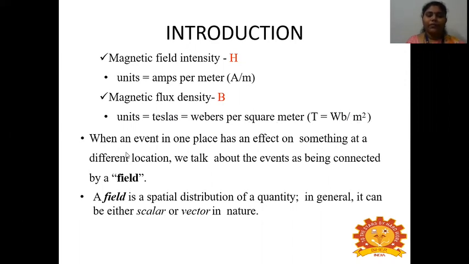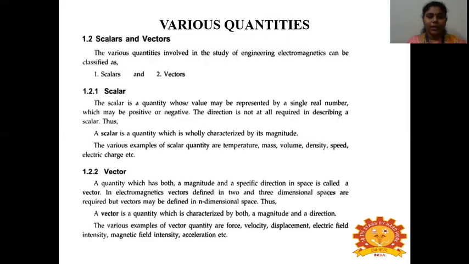So when an event in one place has an effect on something at different locations, then we call it a field. A field is a spatial distribution of a quantity, and that quantity can be either a scalar quantity or a vector quantity in nature.